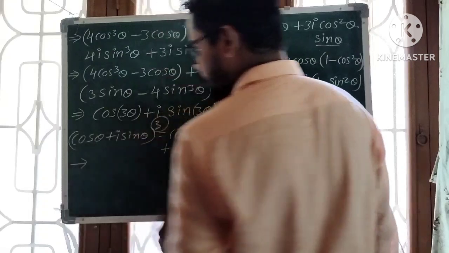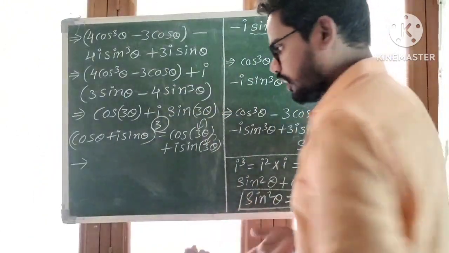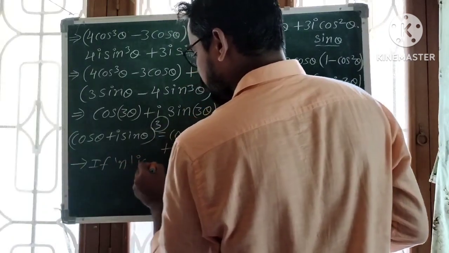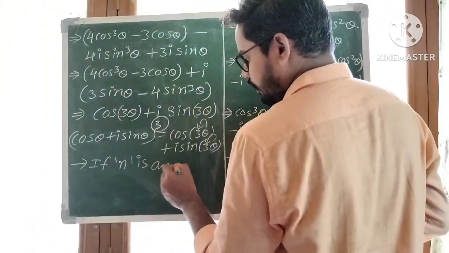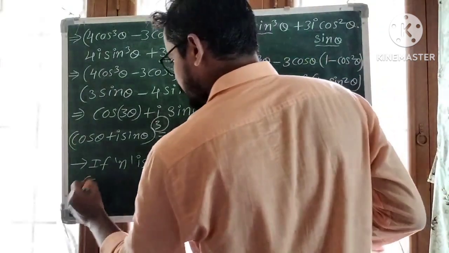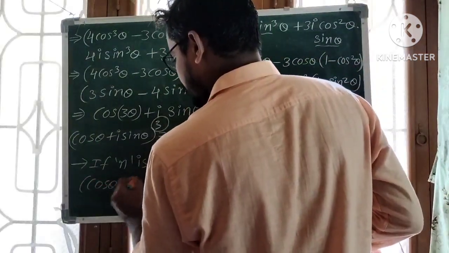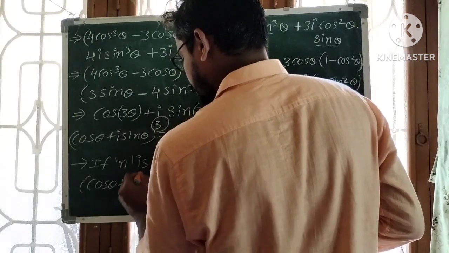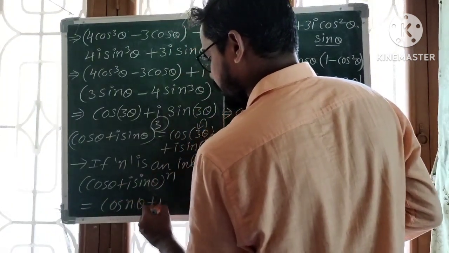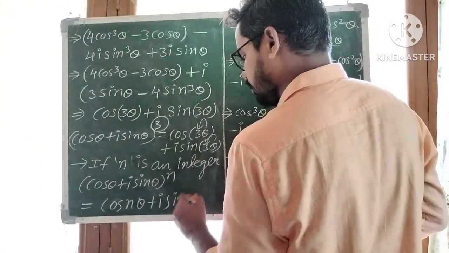From our observations, we can say that if n is an integer, (cos theta plus i sin theta) whole power n is equal to cos n theta plus i sin n theta.